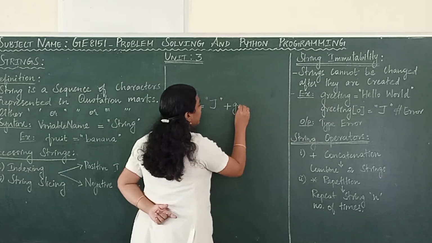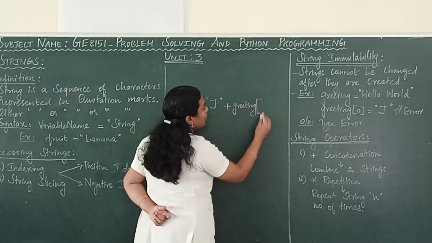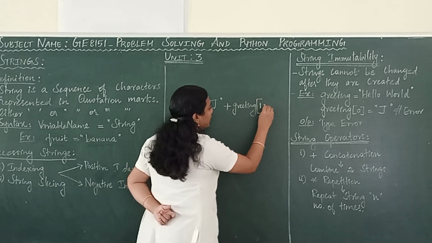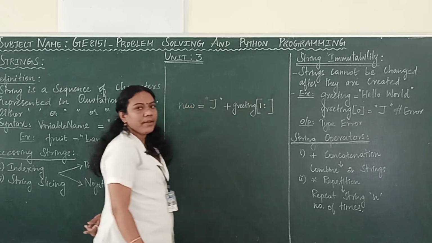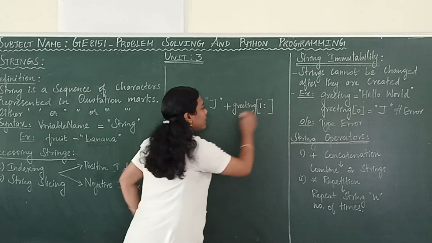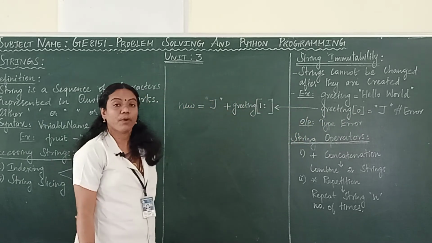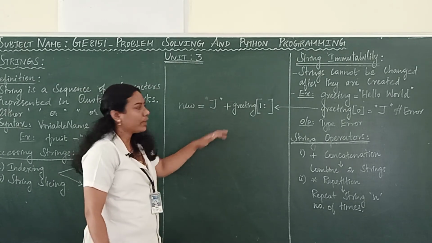The name of the string is greeting, followed by the slicing operator 1 colon, that's all. If the statement is changed like this, I will get a proper output. Now there is no error.